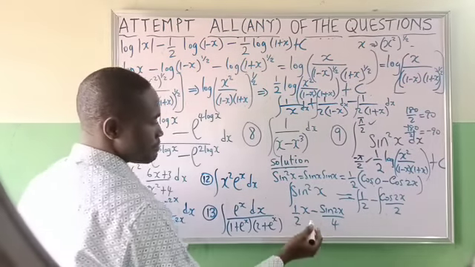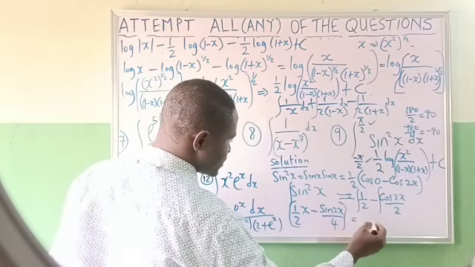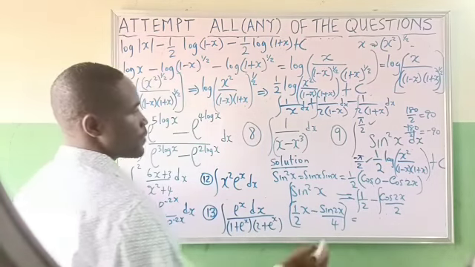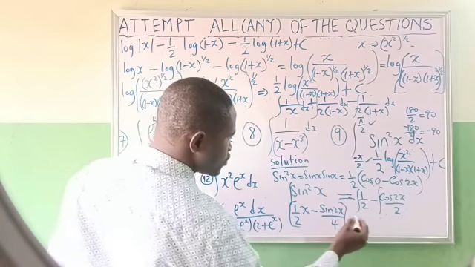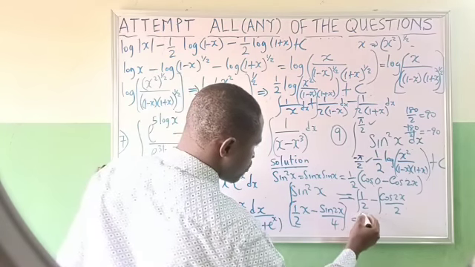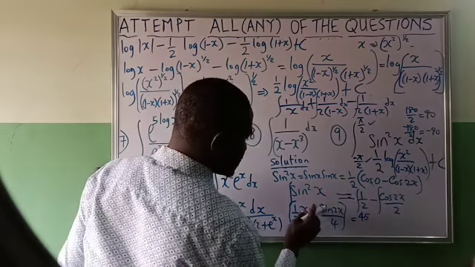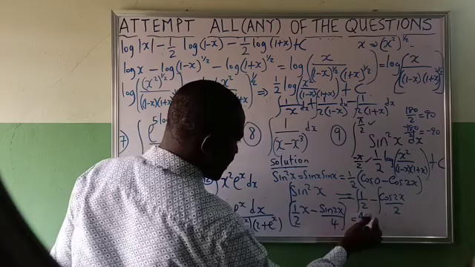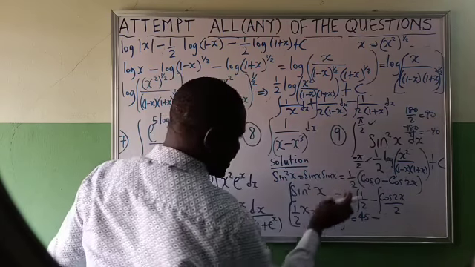If I put the upper limit, whatever it gives me, I will write minus lower limit. So 90 over 2 will give me 45.